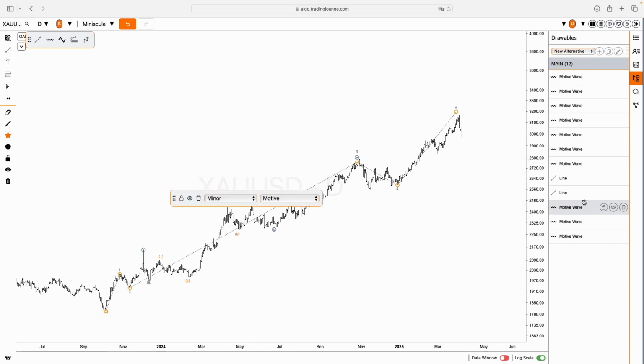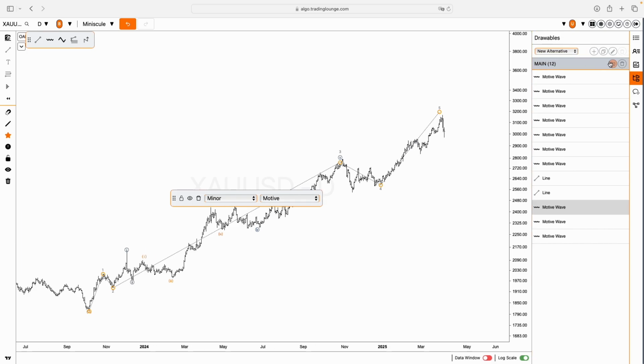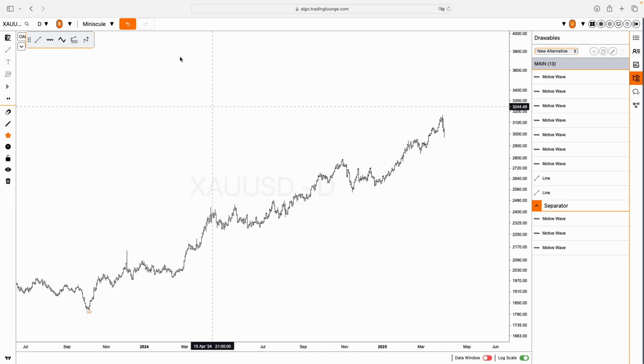let's see. Let's add a folder here, and we hide it. Perfect. So I guess another way to count it would be 1, 2, 1, 2, 3, 4, 5. 3, 4, 5.